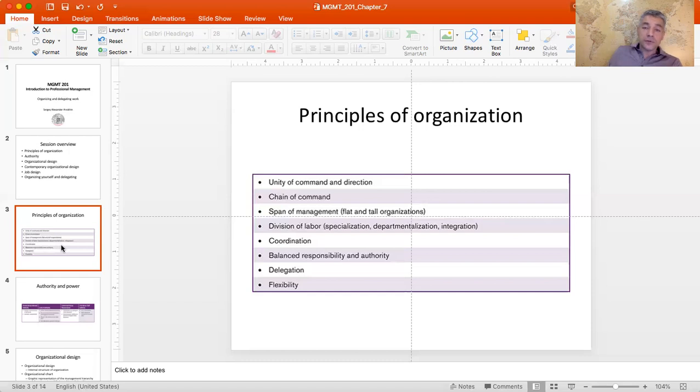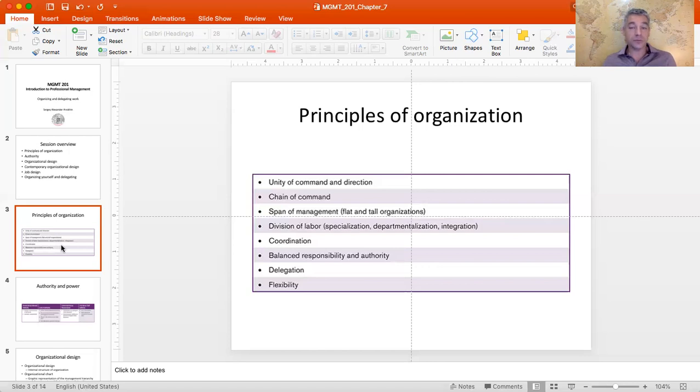Of course, you have authority to perform certain tasks and responsibilities, and you are ultimately accountable for the organization's reaching its objectives. But you cannot do everything alone. As a manager, you have to delegate some tasks. Like you have to reassign some of your tasks to people who work under you, and you do that through delegation.